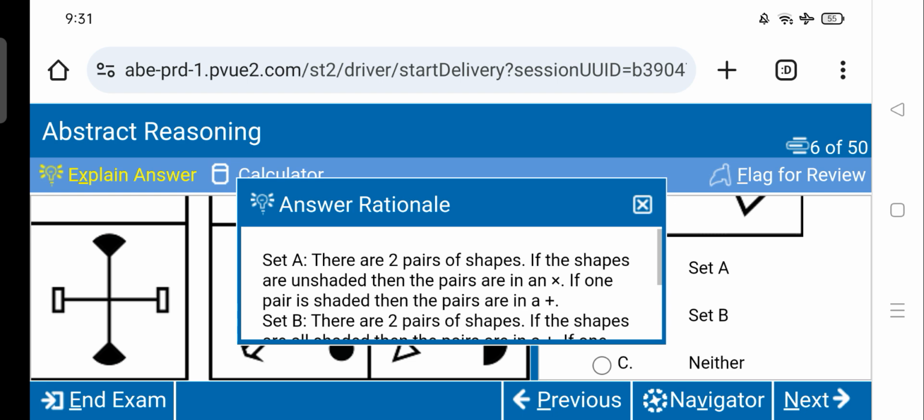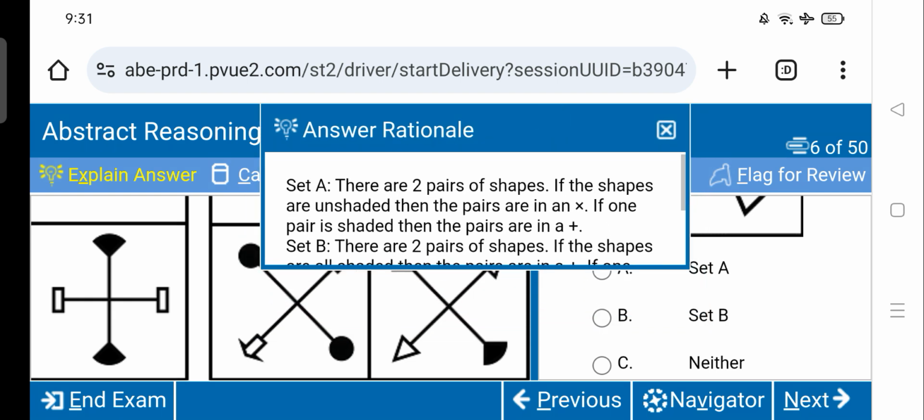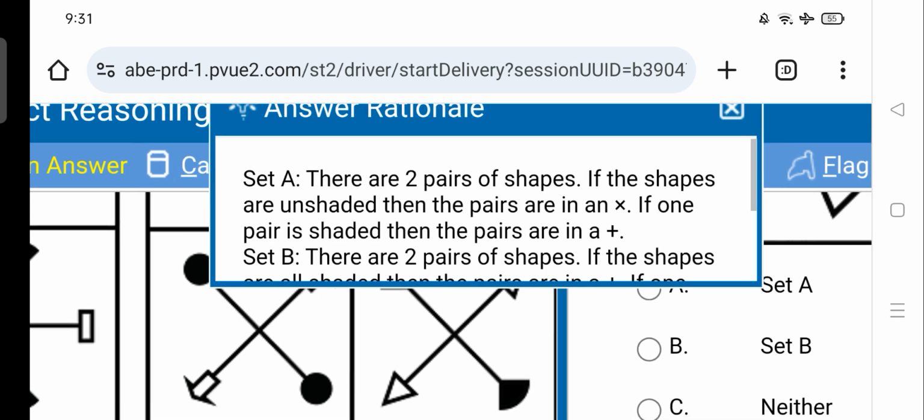In this one, the rules are changed. For set A, there are two pairs of shapes. If the shapes are unshaded, then the pairs are in an X, or you can say multiplied. If one pair is shaded, then the pairs are in a plus, or you can say addition form.